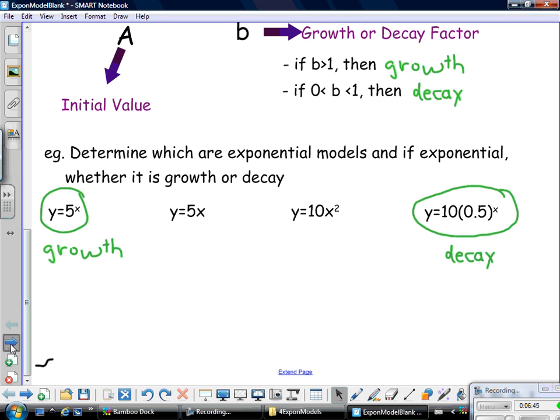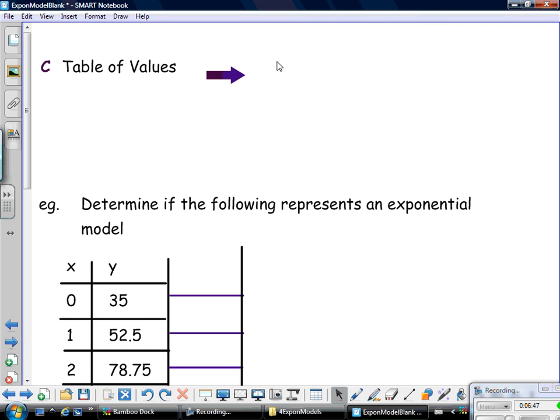All right, so on to the next one. We can tell also from a table of values whether something is exponential. But it's a little bit different than finding first and second differences. What we can do is find whether growth or decay factors are equal. So we're going to have to figure out what factors we're talking about.